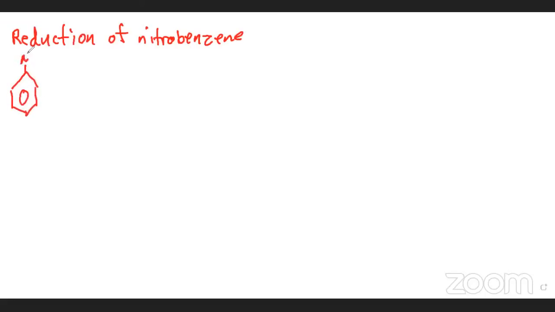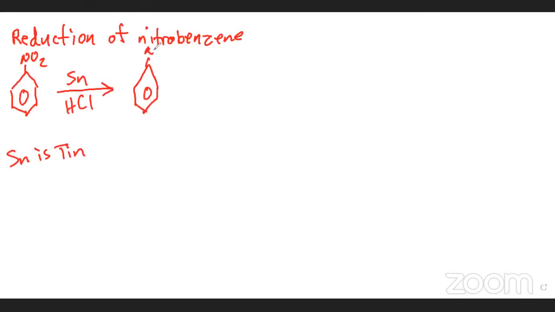You should also know this reaction as well: reduction of nitrobenzene. For this reaction, we use tin and HCl, and you will get an amine.